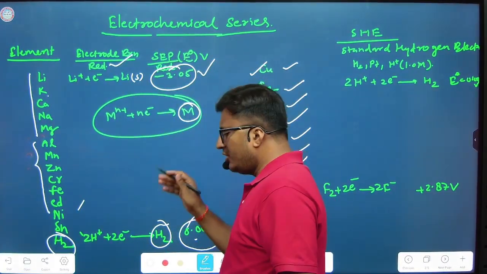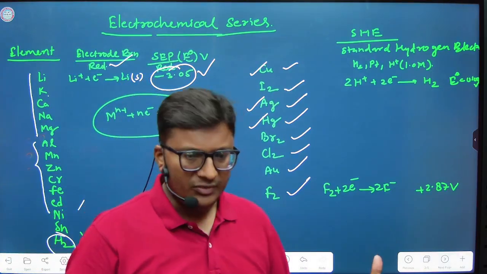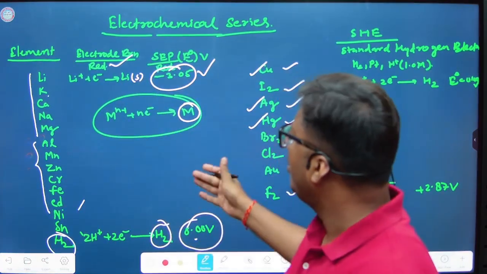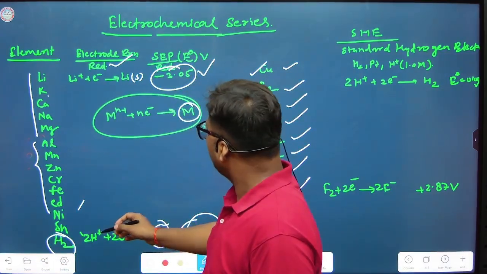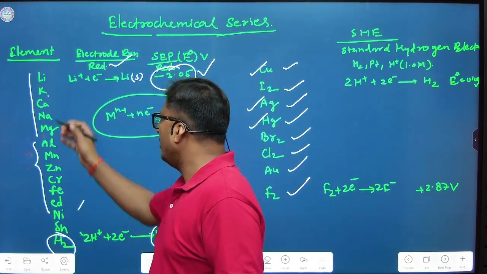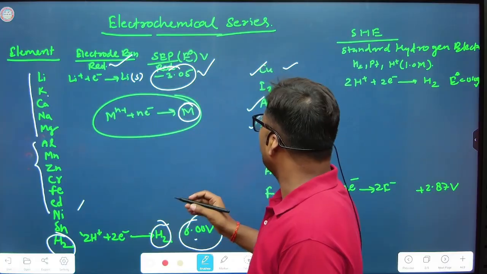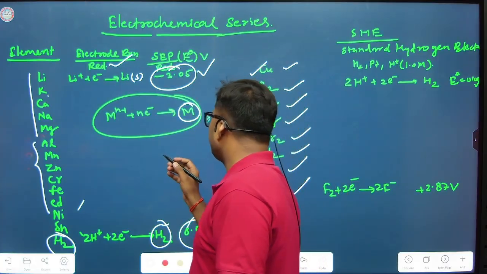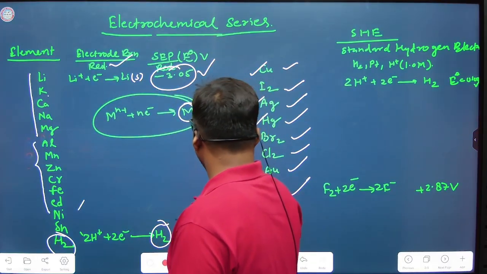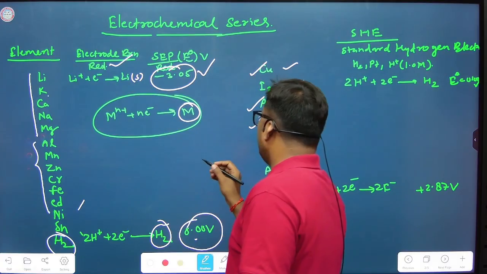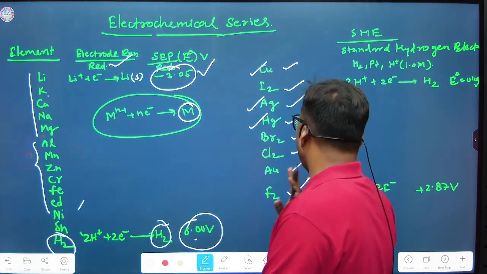Either 1 electron, 2 electron, 3 electron, doesn't matter. Since above the hydrogen they are all metals, here M is the metal. So standard reduction potential will be a negative quantity for these metals, and ultimately it reaches towards zero because this is the hydrogen, right?